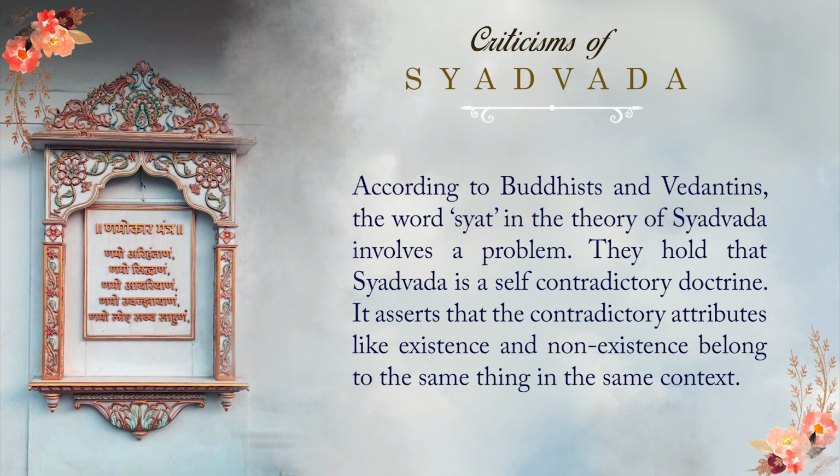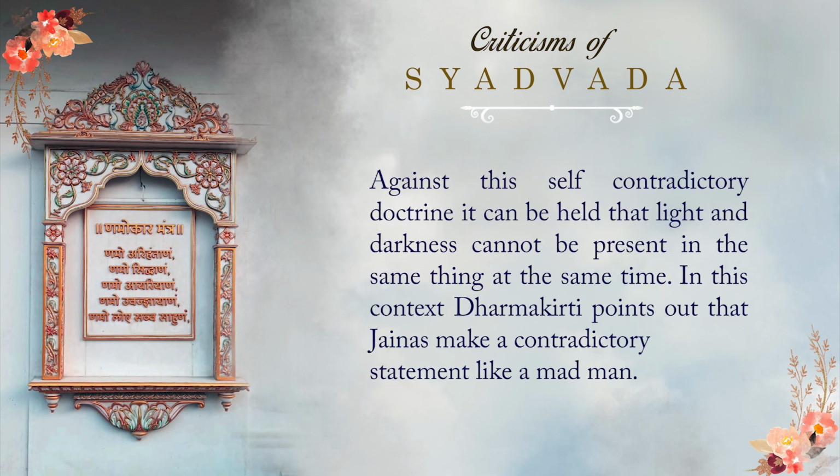They hold that Syadvada is a self-contradictory doctrine. It asserts that contradictory attributes like existence and non-existence belong to the same thing in the same context. Against this self-contradictory doctrine, it can be held that light and darkness cannot be present in the same thing at the same time. In this context, Dharmakirti points out that Jainas make contradictory statements.